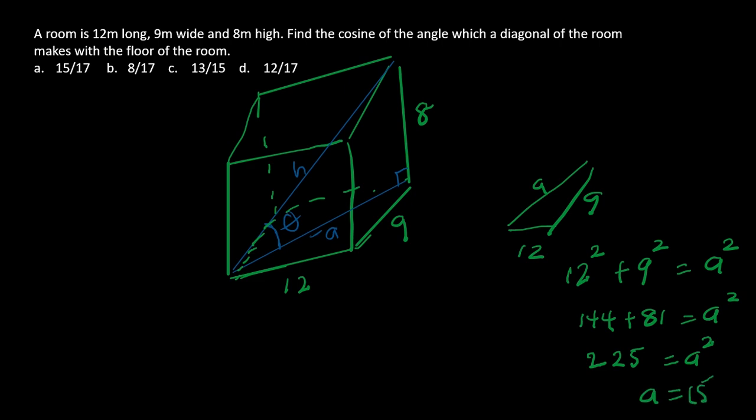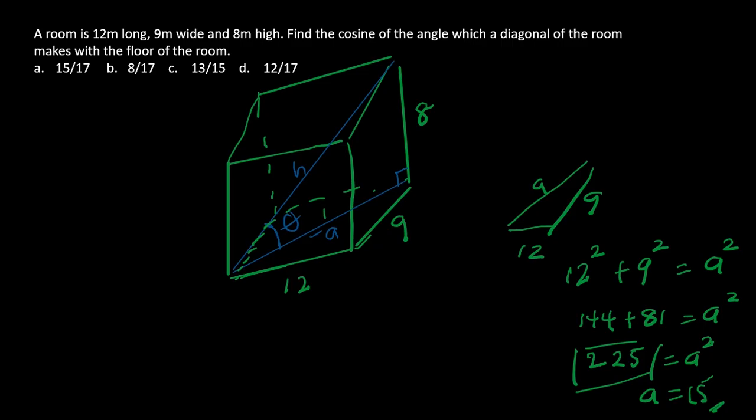My a is going to be 15. These are some of the things we need, common squares and common square roots. Instead of accessing the JAMB calculator to find the square root of 225, it's a common square and square root type. So the answer is 15 here.